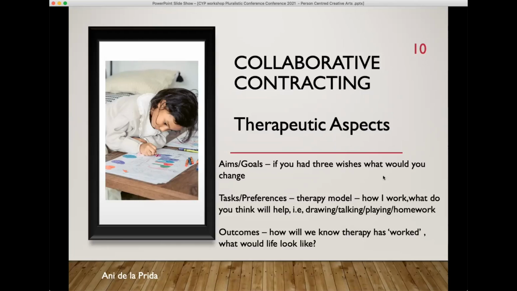Some nods. I know that from having worked with counsellors of children and young people for a long time, particularly the younger the child, it can be very easy to make assumptions and be quite ageist. And this is also an important question, because sometimes the answer that you have is something you can't work with in therapy. A child might say, I want mum and dad to stop arguing.